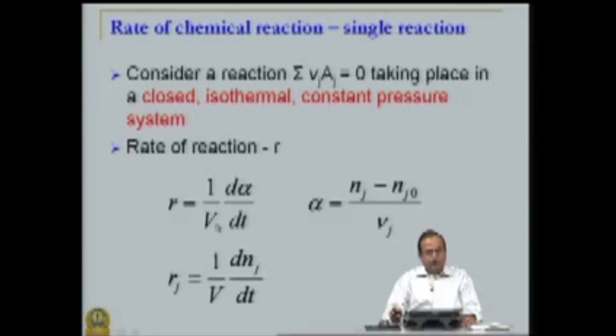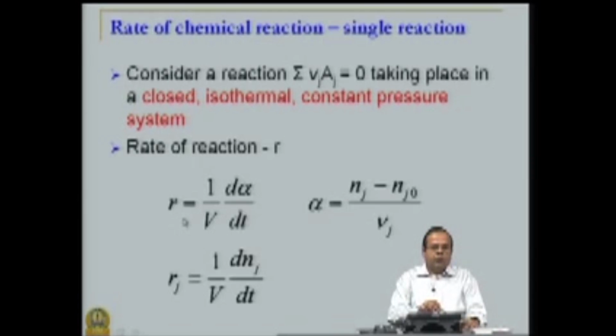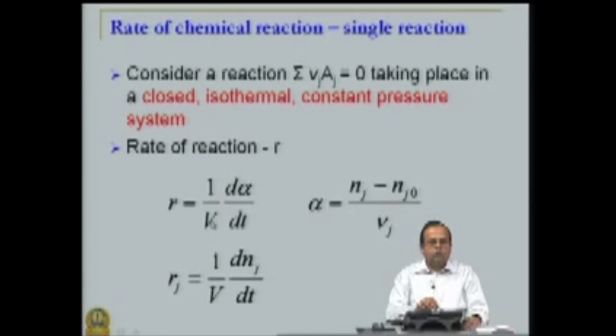For example, if you are looking at a gas solid catalytic reaction, then the normalization could be by the volume of the catalyst or by mass of catalyst. So, appropriately we will define rate as d alpha dt 1 over W. W for example is the weight of the catalyst that we are using.